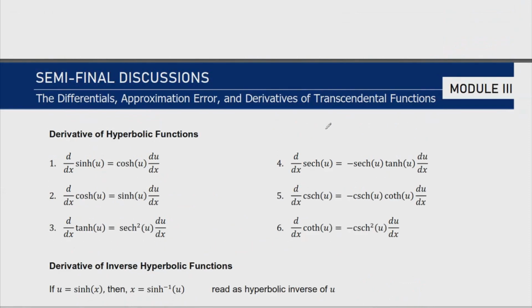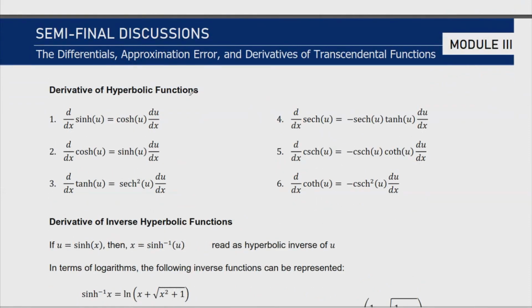And then unlike our trigonometric functions, when we differentiate functions that have co-functions, the derivatives are actually negative. But in this case, it's not applicable, because in hyperbolic functions, the derivatives that are negative are actually the reciprocal functions.